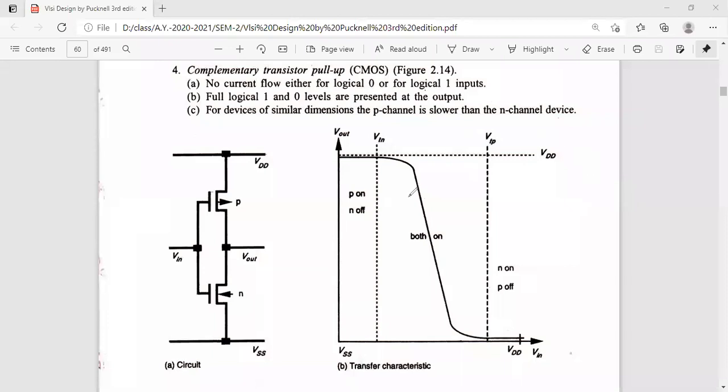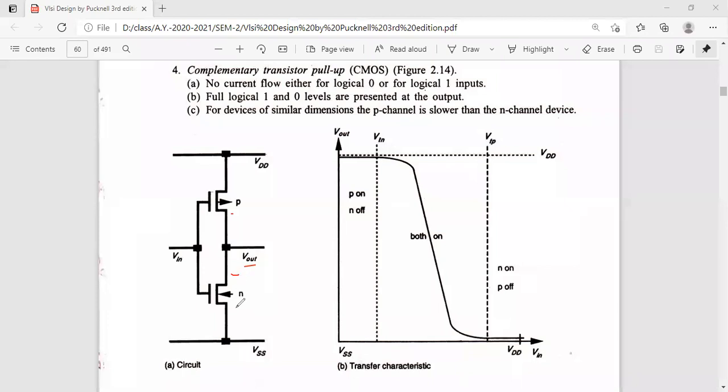So this is a CMOS. That means we will have both NMOS and the PMOS. We give the input by connecting both the transistors' gates in this fashion, and we collect the output at the drain of the PMOS transistor and the drain of the NMOS transistor.